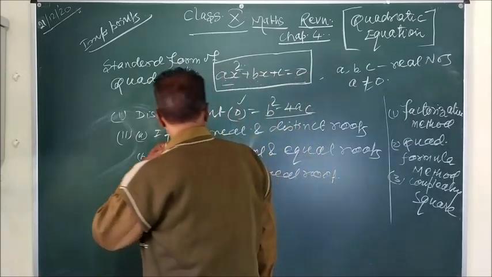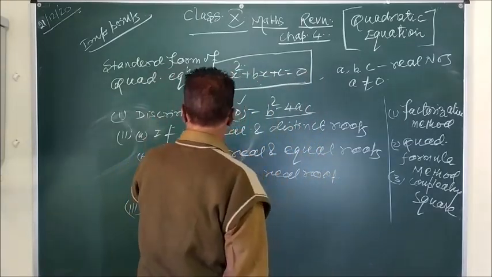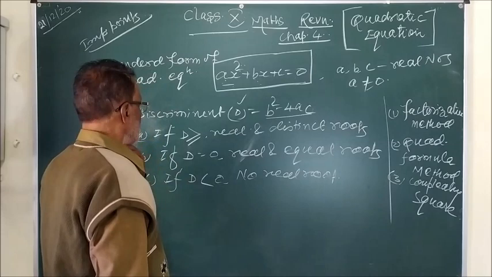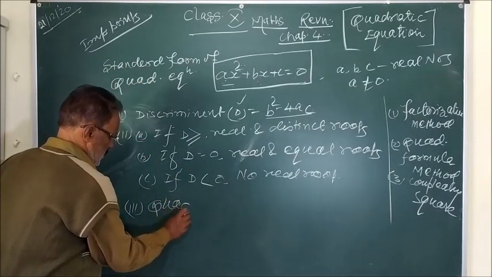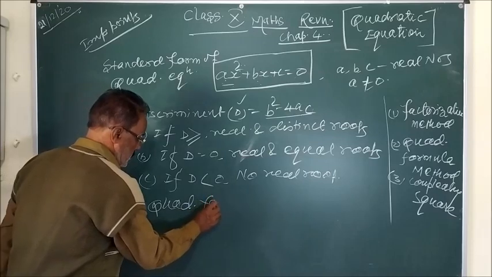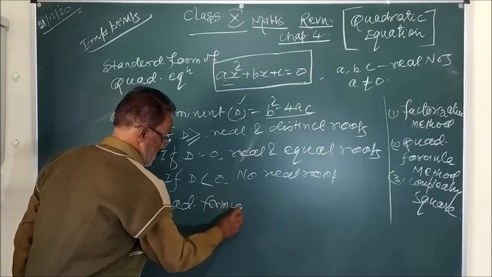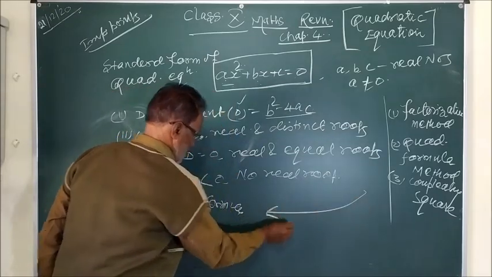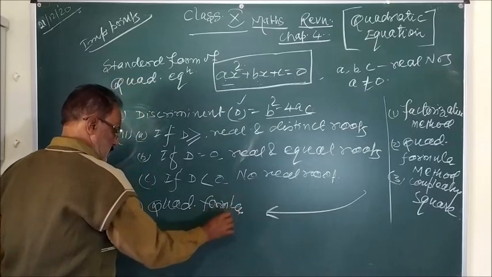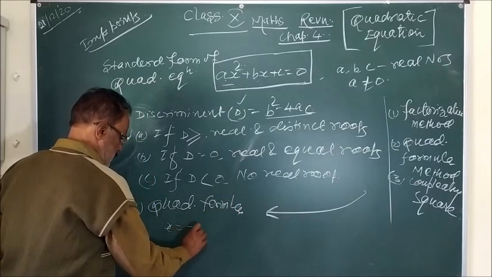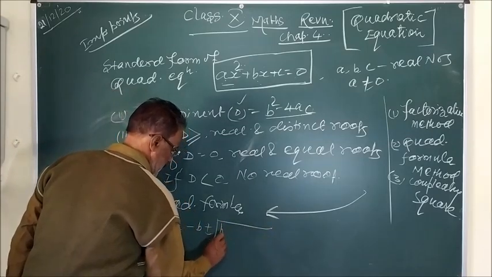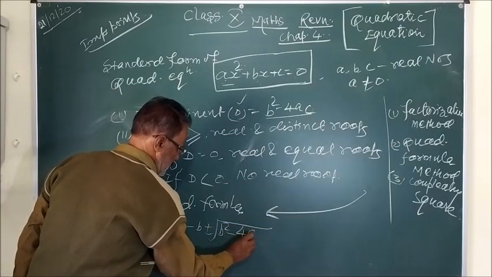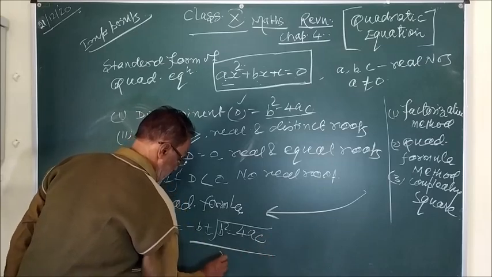So, you understand the discriminant, and this is the quadratic formula. Quadratic formula: x is equal to minus b plus minus root b squared minus 4ac upon 2a.